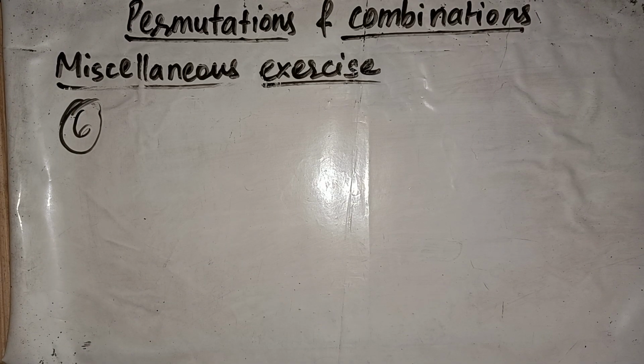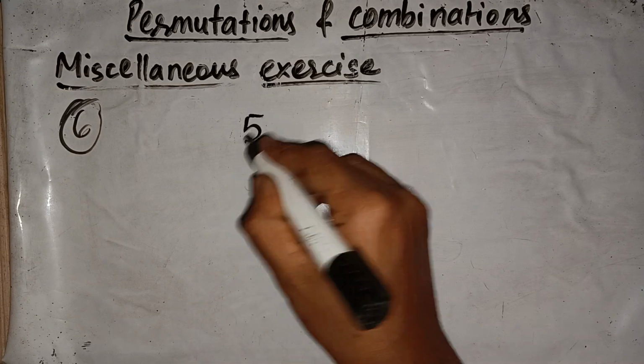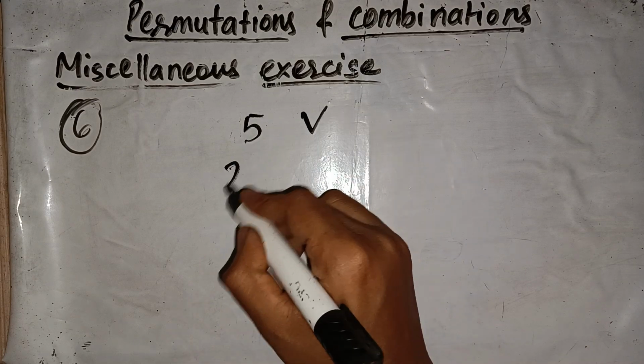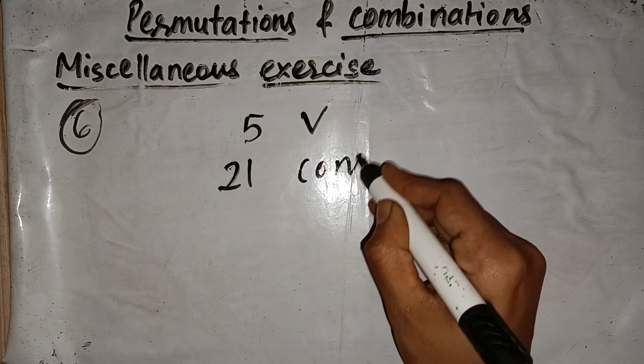The English alphabet has 5 vowels and 21 consonants. How many words with 2 different vowels and 2 different consonants can be formed from the alphabet? So 5 vowels and 21 consonants.